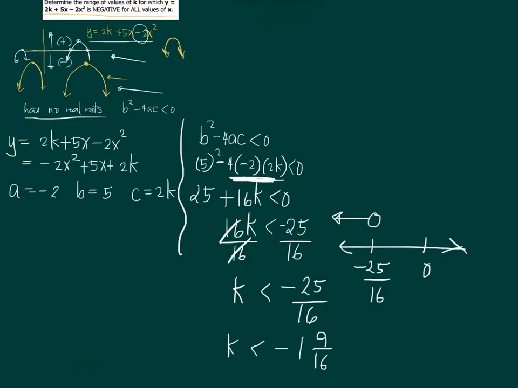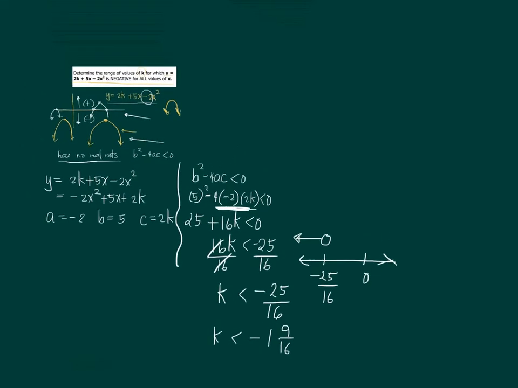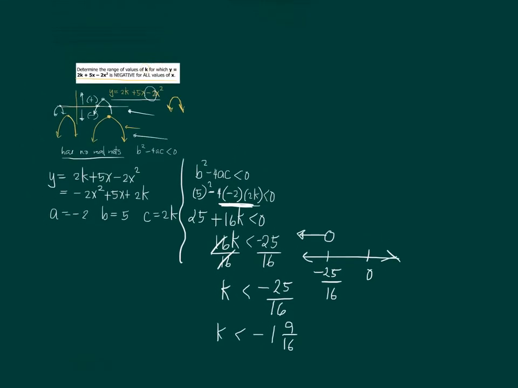Going back to see what we did here again, the most crucial part of the solution is to really understand what it means for the equation to be negative for all values of x. If it's negative for all values of x, that means the graph should be below the x-axis.